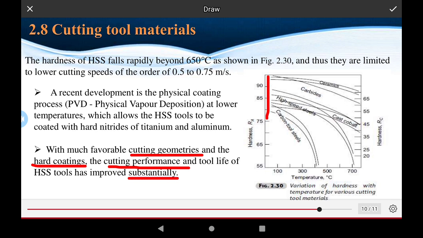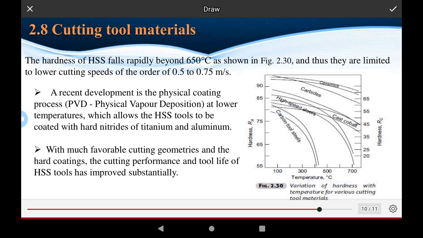In this figure, the y-axis presents the hardness and the x-axis presents the temperature. This is the variation of hardness with temperature for the different cutting tools. This is the carbon tool steel, which has medium temperature capability and medium hardness.